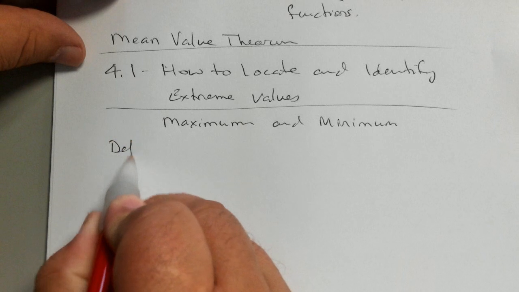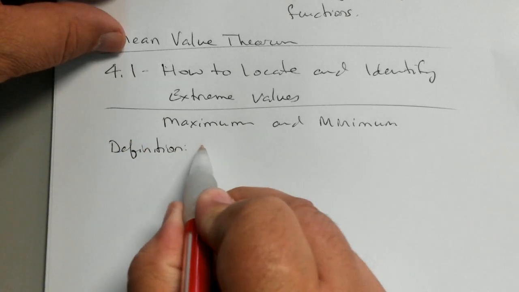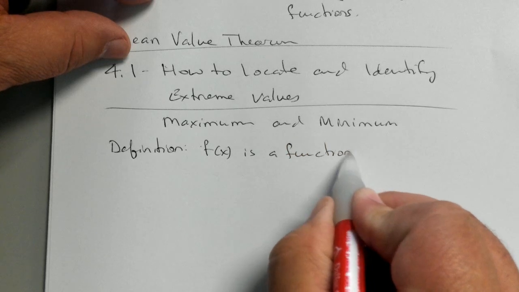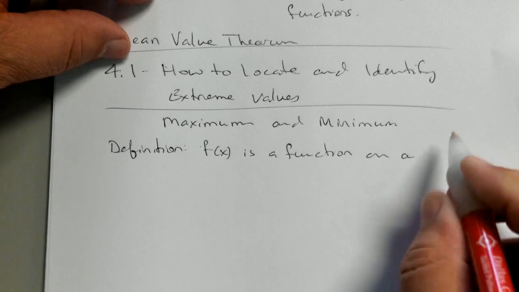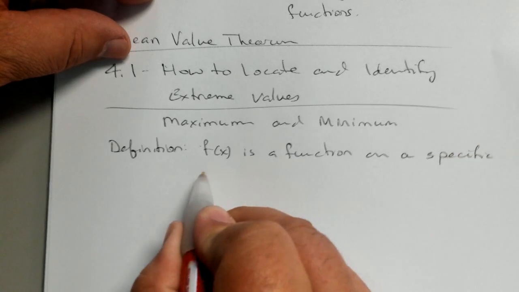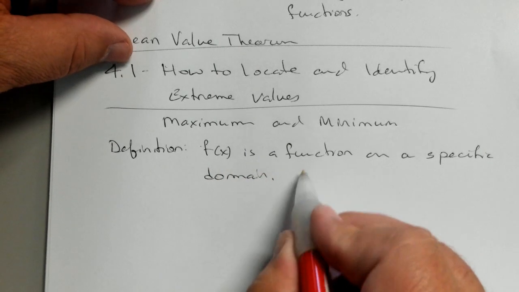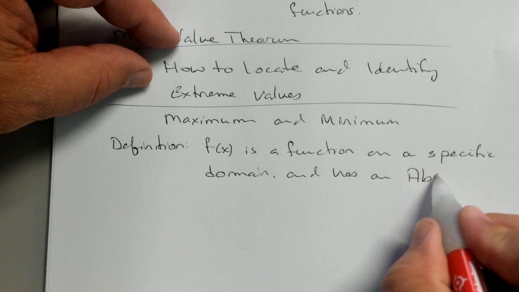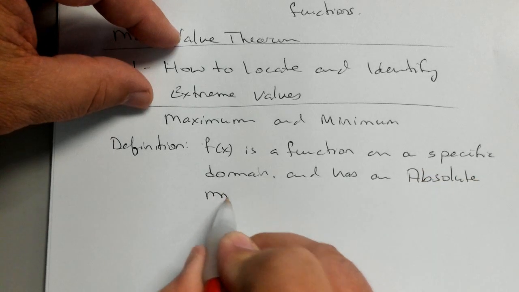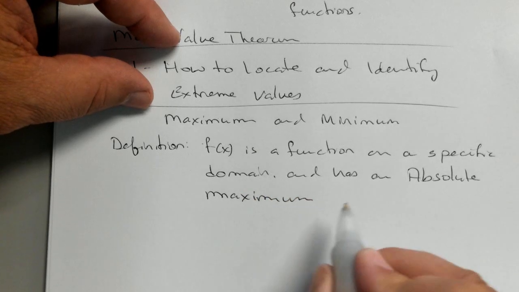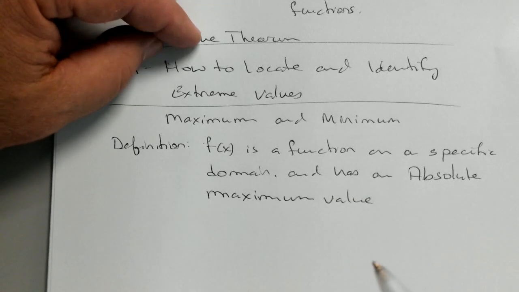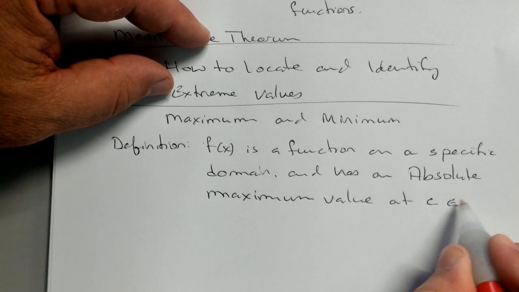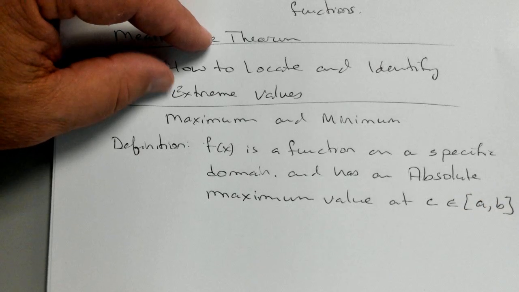Let's look at the definition first. f of x is a function on a specific domain, and has an absolute maximum value at some point c, which is inside the domain of the interval AB.